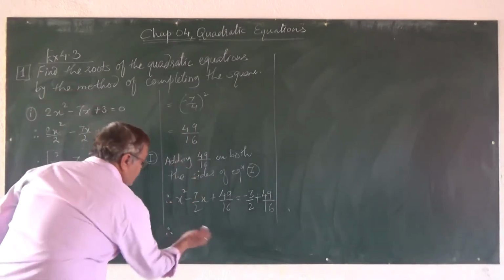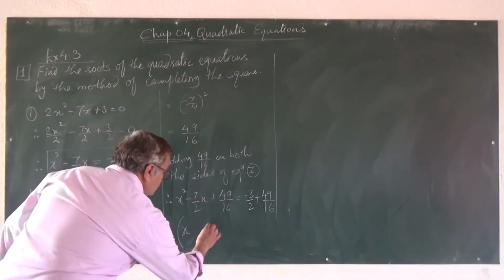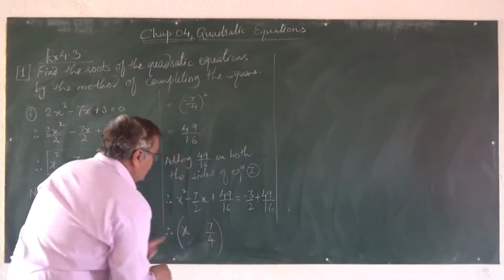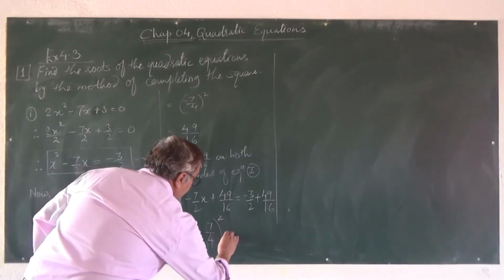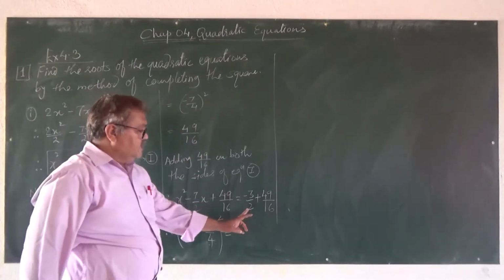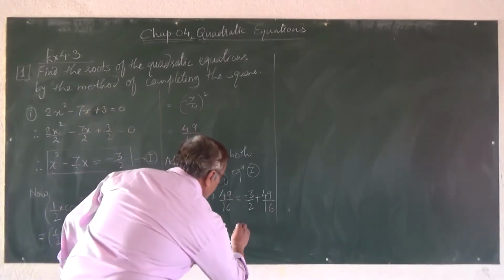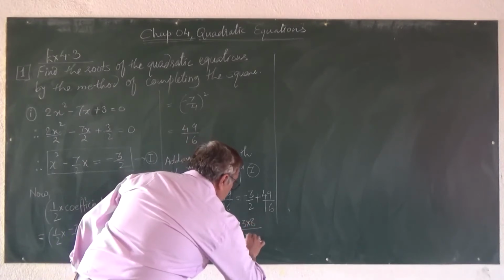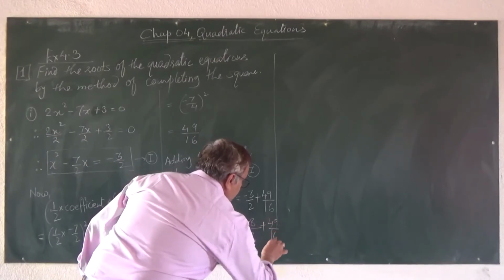So how will we write? The first term is the square of x, the last term is the square of 7 by 4, and the middle term is minus, so put it here minus, and its square is equal to. Now simplify this. 2 eights are 16, so we will make the denominator 16. So minus 3 into 8 upon 2 into 8 plus 49 by 16.